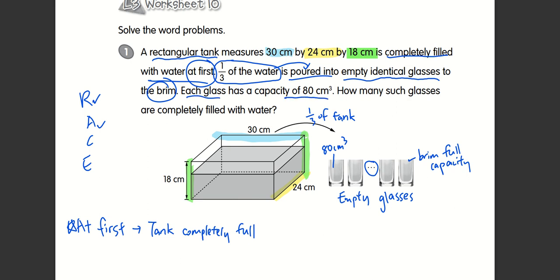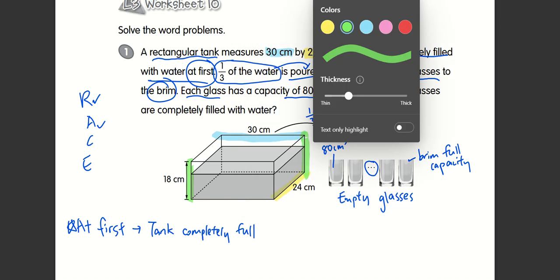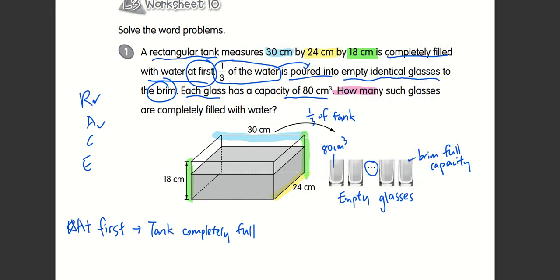Okay, how many? That's the question. How many such glasses are completely filled with water? So you're looking at those that are completely filled. Then you wonder, that means I don't count the glasses that are not completely filled.